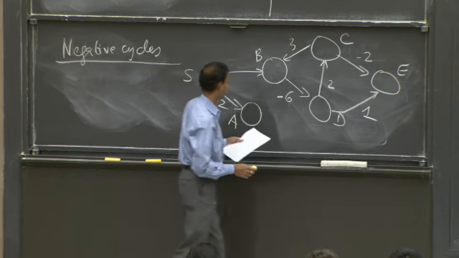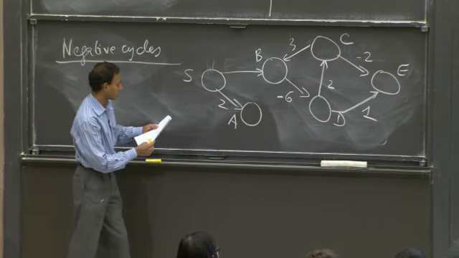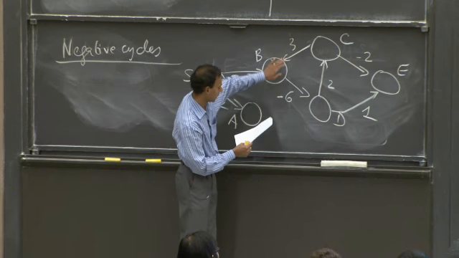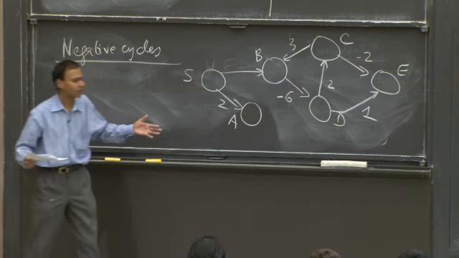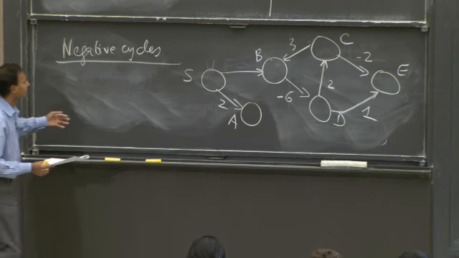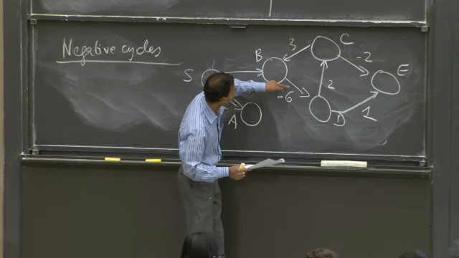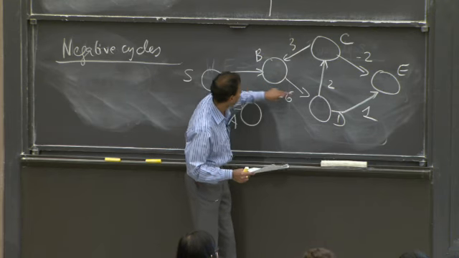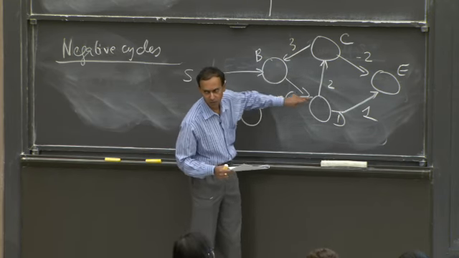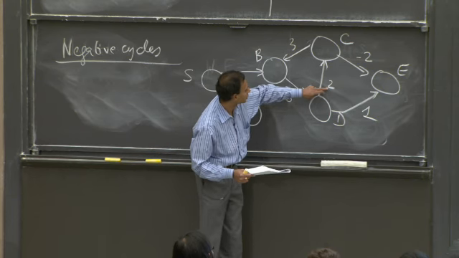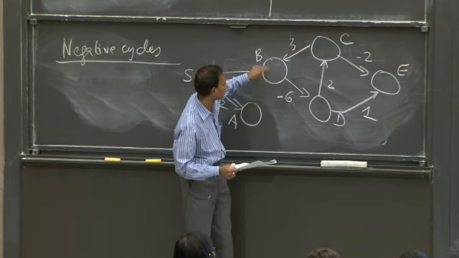I think I got those right. So 2, 4, -6 over here, 3, 2, 1, and -2. So one thing that you notice from this graph is that you got this annoying cycle here that's a negative weight cycle. And that's why I've picked this particular example. -6 plus 2 is -4, -4 plus 3 is -1.